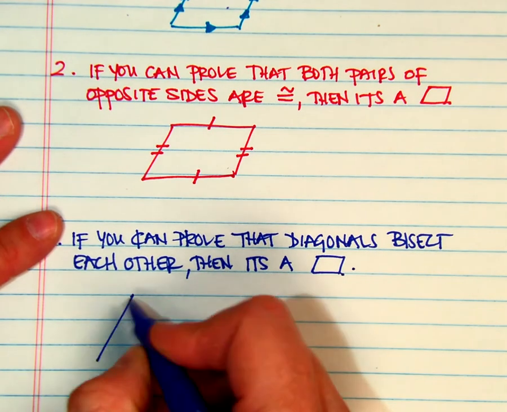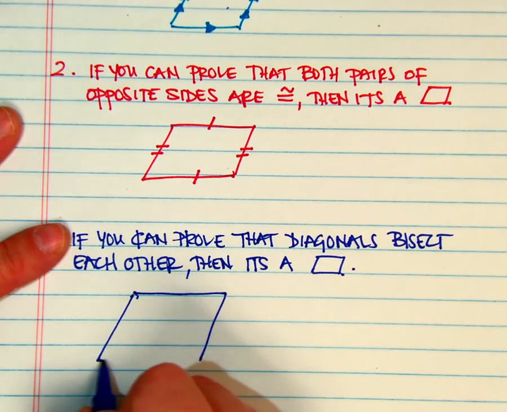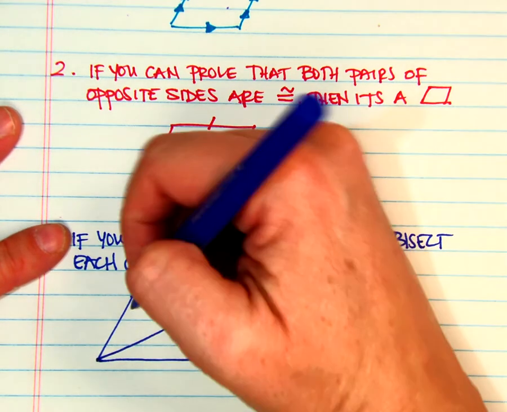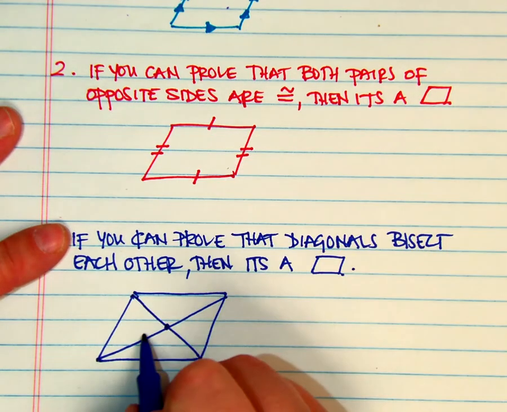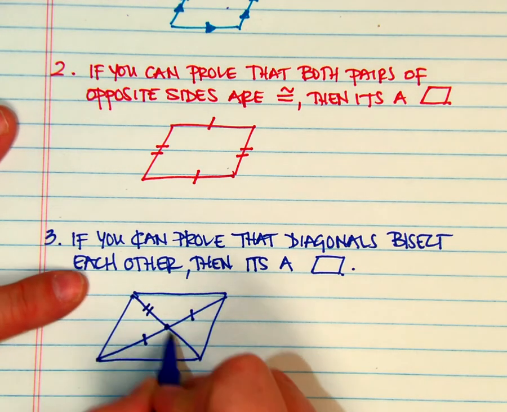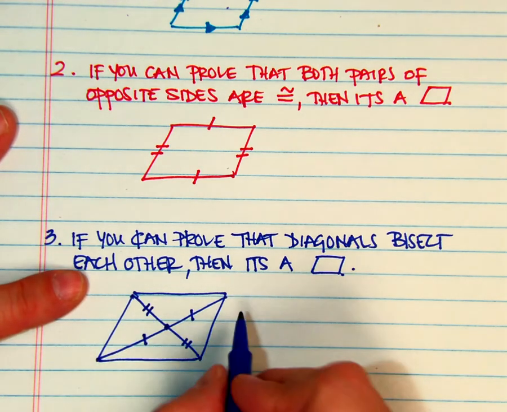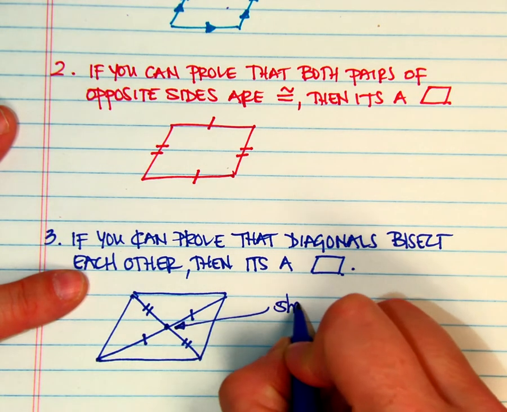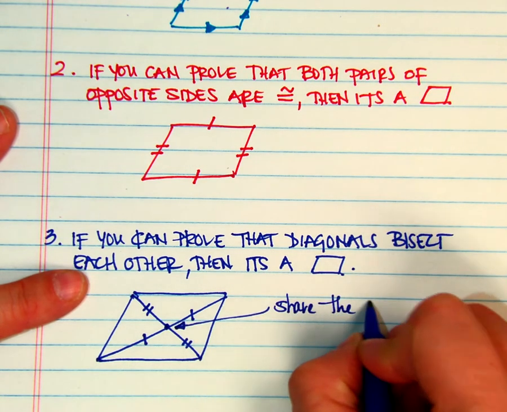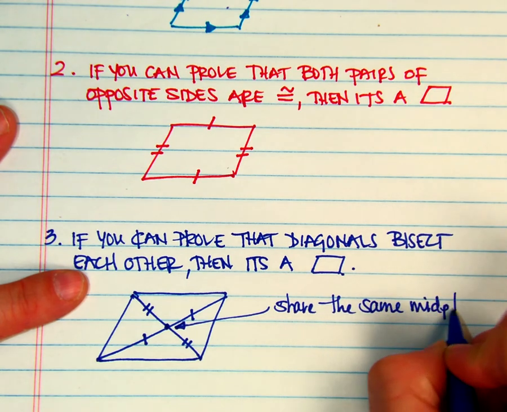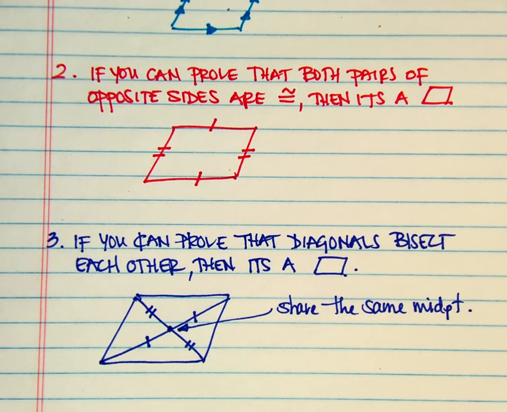So if you can somehow prove that these pieces are congruent and these pieces are congruent, or you can prove that they share the same midpoint, then you can prove that this quadrilateral is a parallelogram.